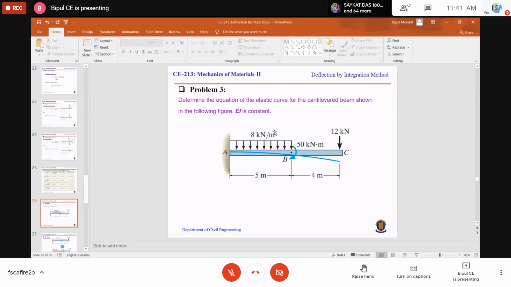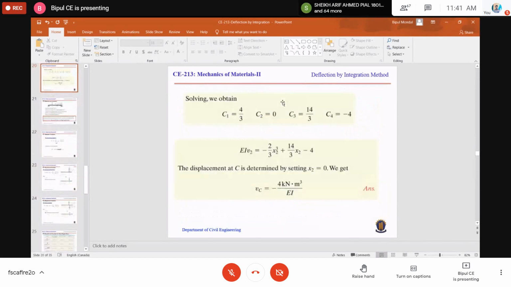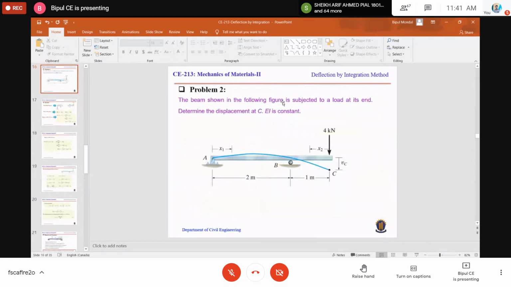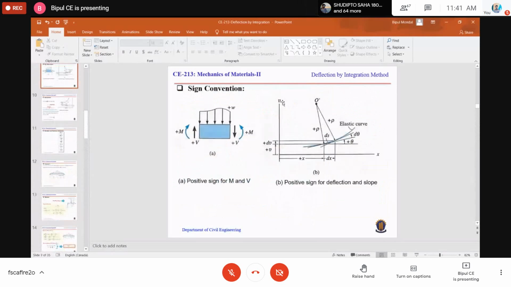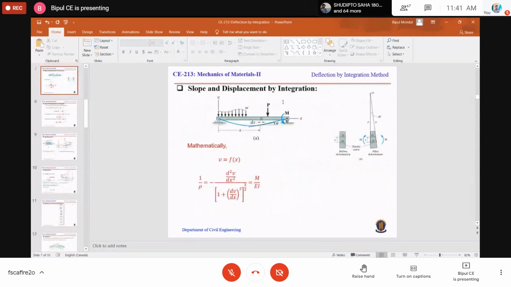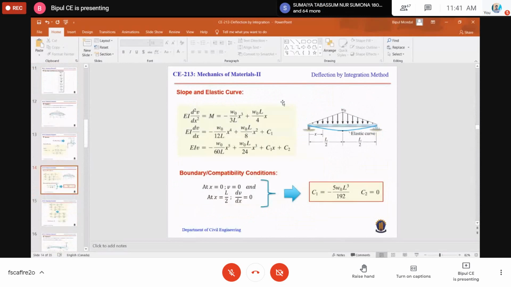Now we have to determine the equation of elastic curve. Equation of elastic curve means this one, similar to this one.